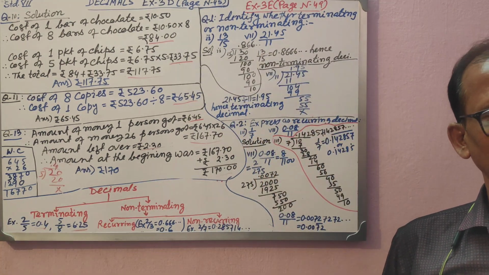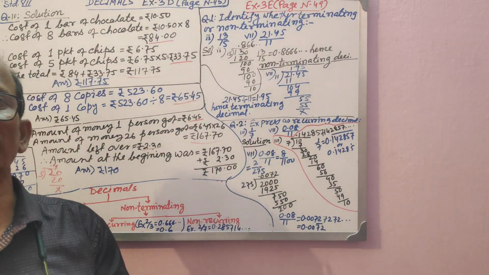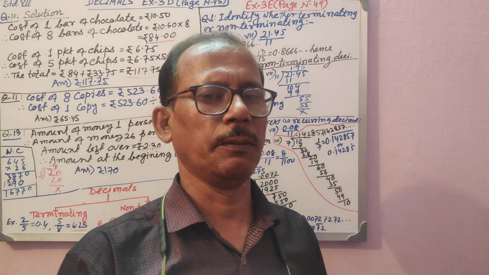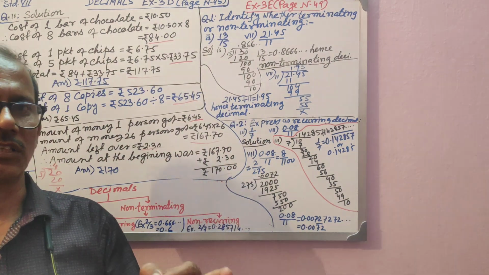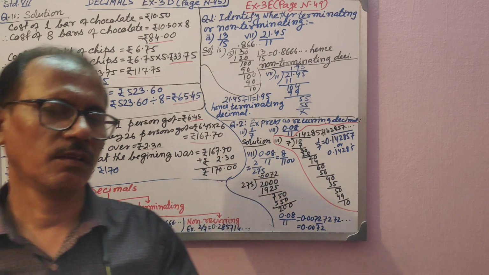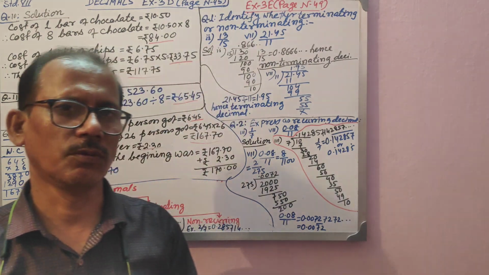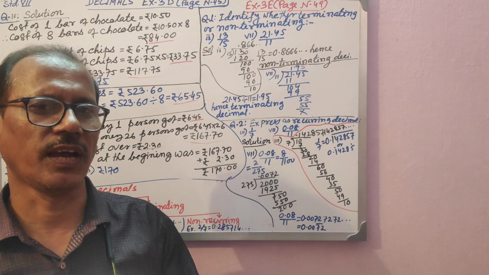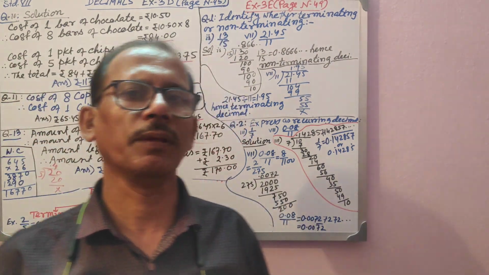Could you understand? What are recurring decimals? On division you will find one digit or some group of digits is repeating in the quotient column. When you are doing the decimal division, some of the fractions, you continue the division, the remainder will not become 0.